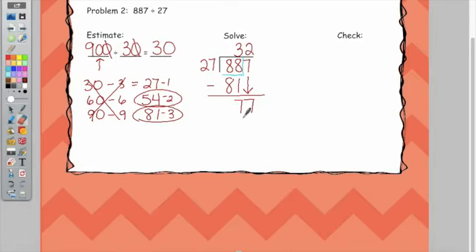So now I write 54, and I'm ready to subtract. Is 23 okay for a remainder? Yes. How do you know? Less than 27, lower than the divisor. I love it. Okay, so highlight what? 27 and 32. Okay.